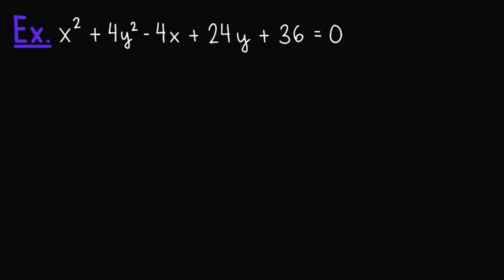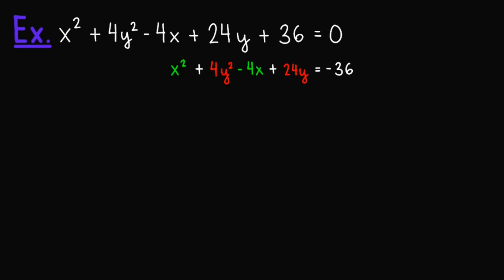Good, so to start, we can first move this constant 36 to the right hand side of the equation. That would give us x squared plus 4y squared minus 4x plus 24y equals negative 36. From here, we'll be grouping certain terms together: the terms with the variable x as well as the terms with the variable y.